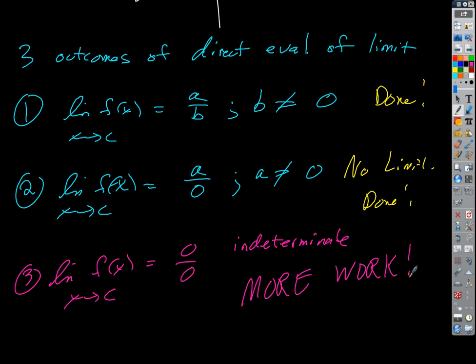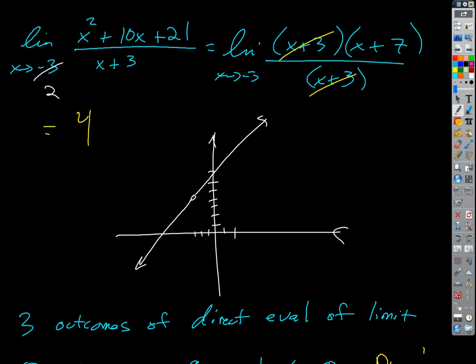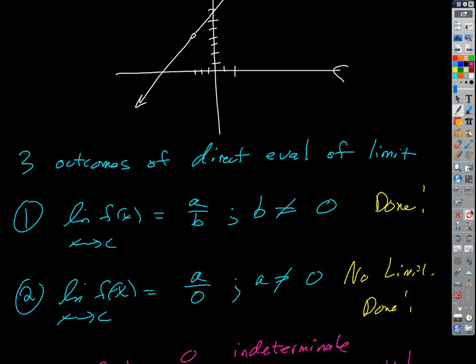Is everybody okay with this? Do you agree? If we went back to this example, if I had picked x approaching 2, it would have been a type 1 answer. We would have gotten some number and we're done, right? Let me give you another example. How about the limit of x squared plus 9 over x minus 1 as x approaches 1.